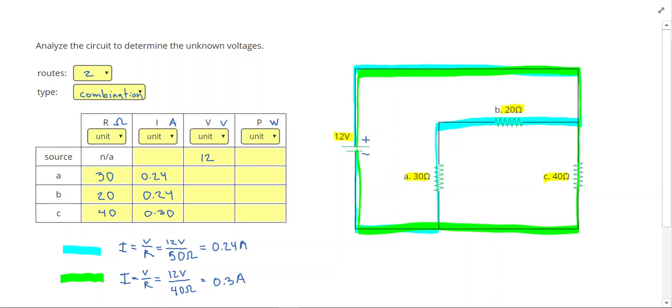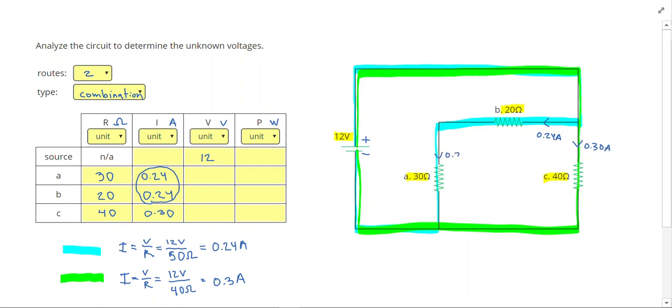Alright, next I want to figure out my total current for the source. To get my current for the source, I'm going to add up the currents on each route. Now be careful, don't just add all the currents together. For A and B, this was one route. So on the blue route, I had 0.24 amps going this way. And on the green route, I knew I had 0.30 amps this way.